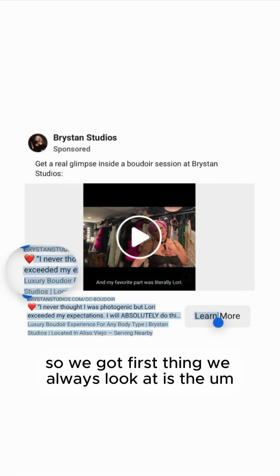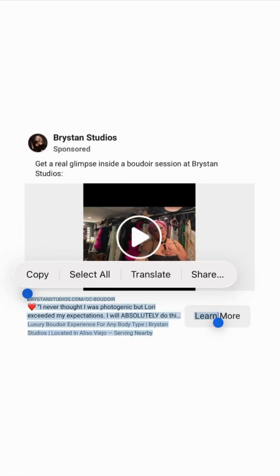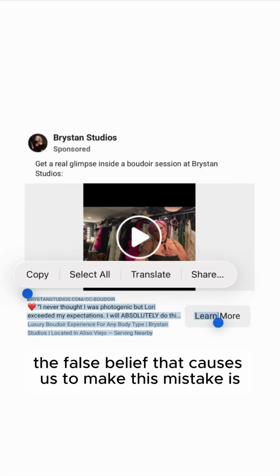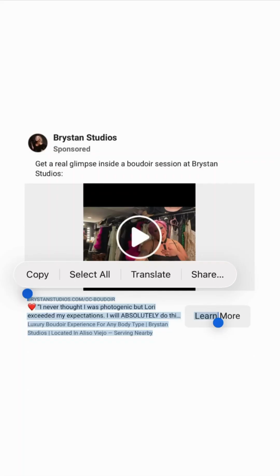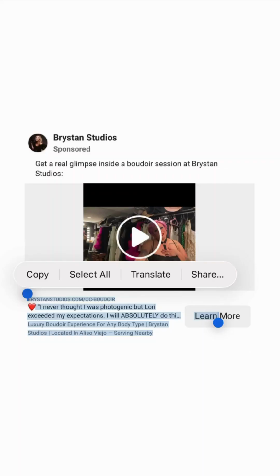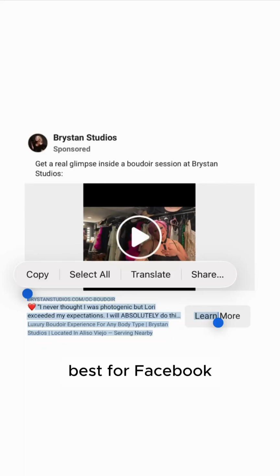So first thing we always look at is the below creative cluster mistake here. The false belief that causes us to make this mistake is that we actually believe, or we're trusting, what Facebook is telling us what we should do is best for us and not best for Facebook.